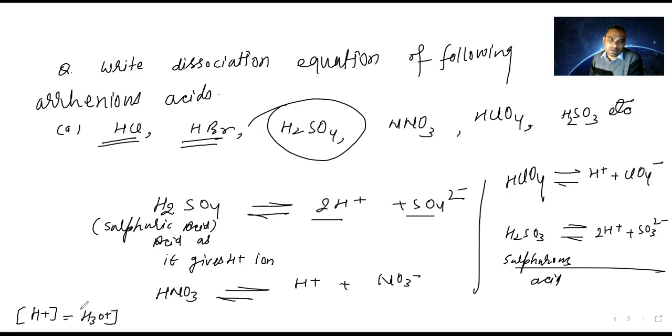There is no difference between H plus ion and H3O plus ion, because H plus ion does not generally exist in water. It is unstable, so it always combines with a water molecule and is present in the form of H3O plus ion. Is it okay? Okay.